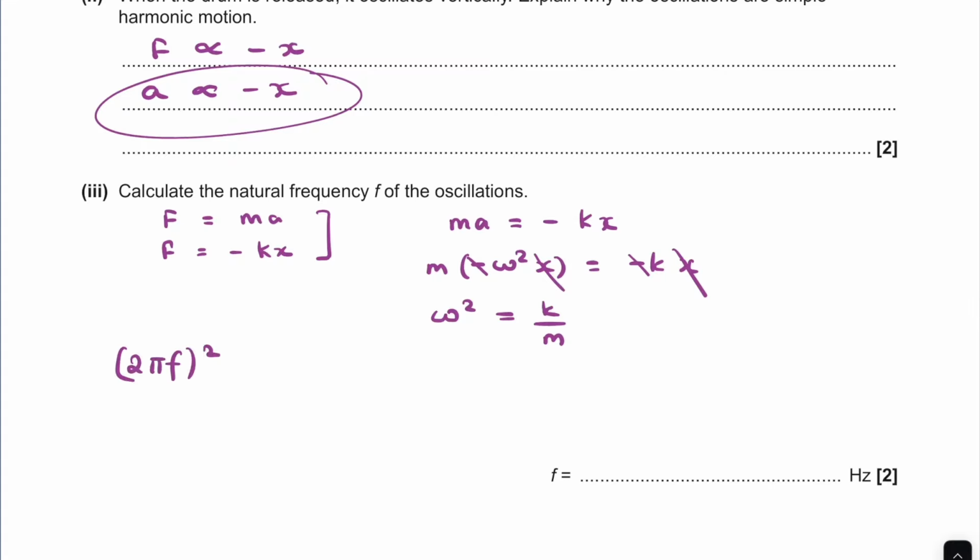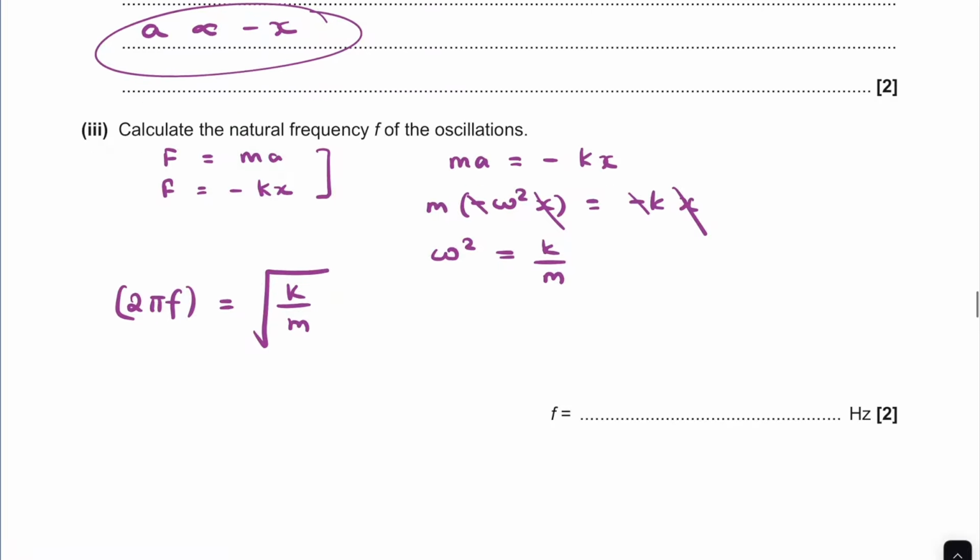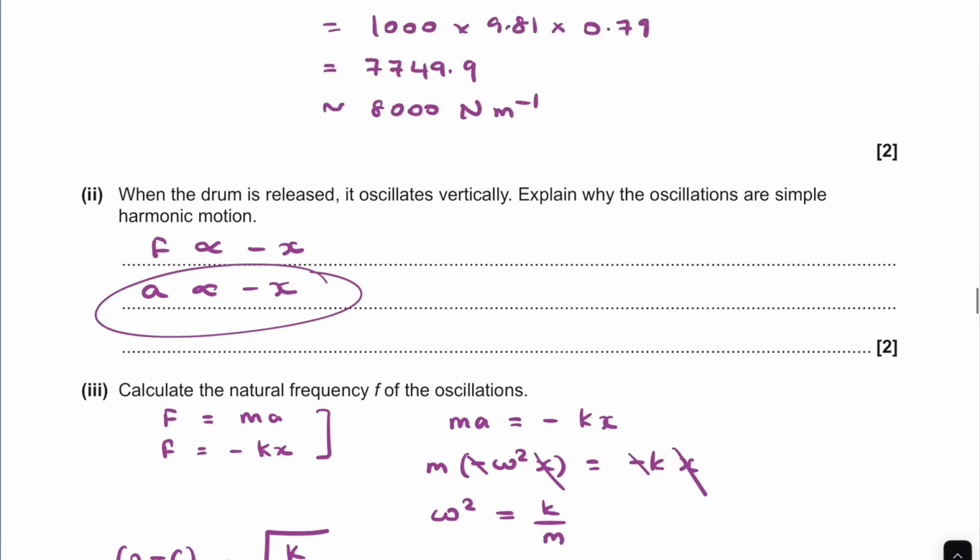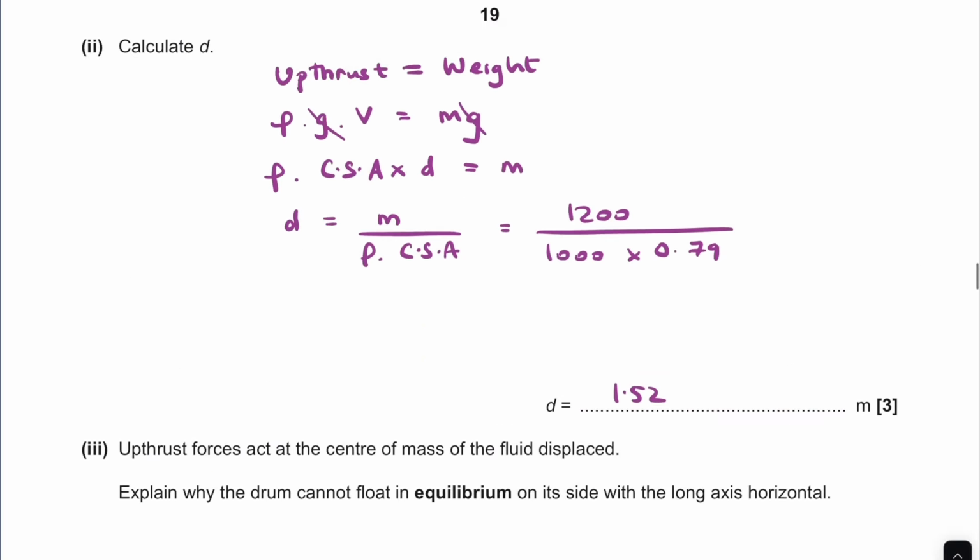So omega is 2 pi f, or simply the square root of k over m, and once you work out the value, you would have to divide by 2 pi. You know the value of k, which was 7,749.9, over the mass, which is given to us as, I believe, 1,200.